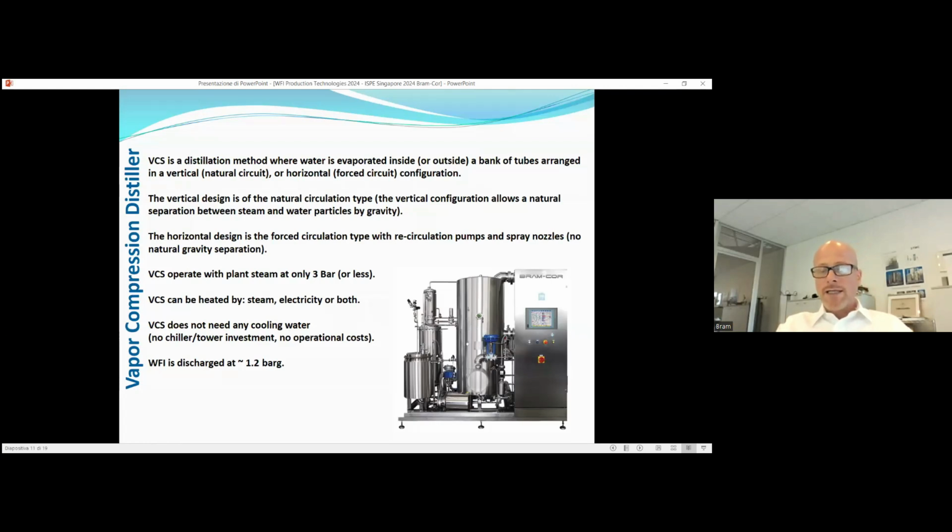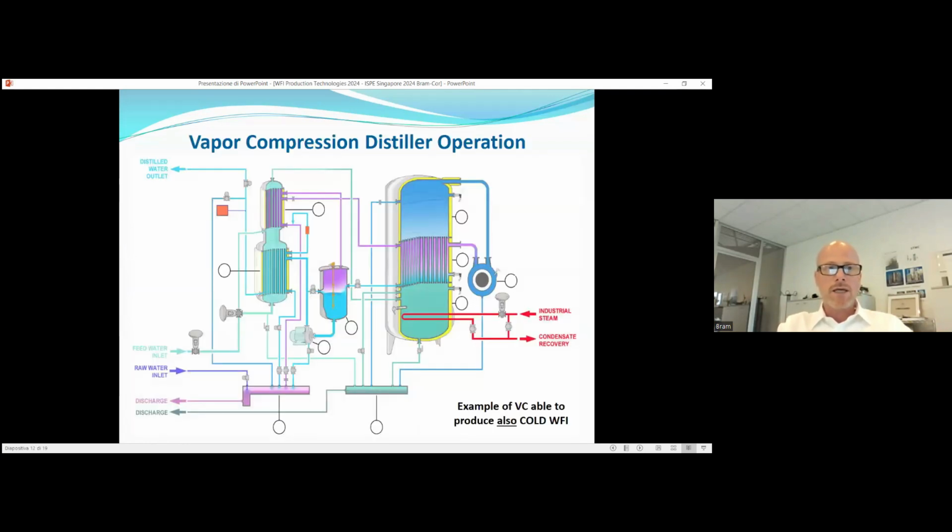I'm going a little bit deeper into this technology because it is taking market share in the distillation family, but is not so present worldwide as the multi-column distiller. So I show you a scheme. In this case, we have a distiller that is also able to produce cold WFI.